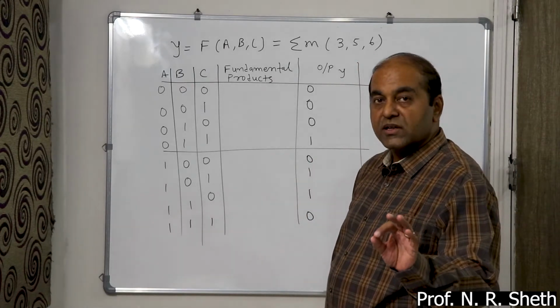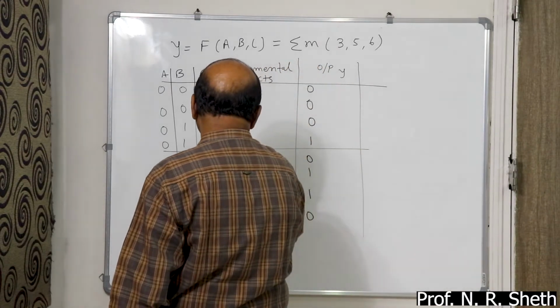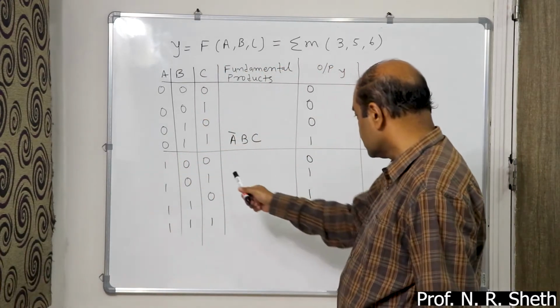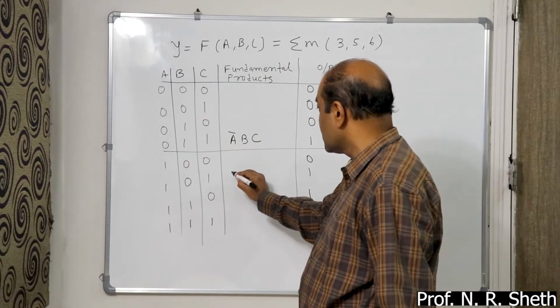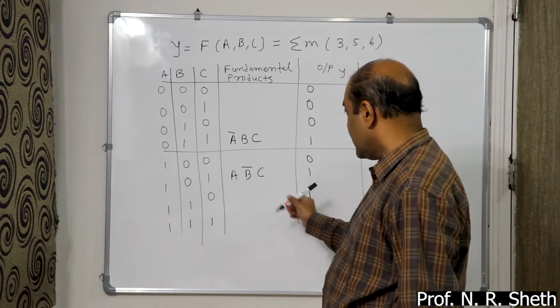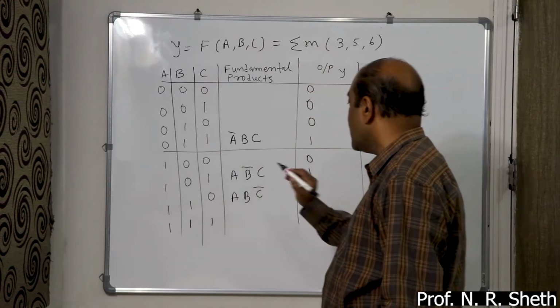So I am interested only in 3 fundamental products. For this one, A bar, B, C. For this one, A, B bar, C. And here, A, B, C bar.